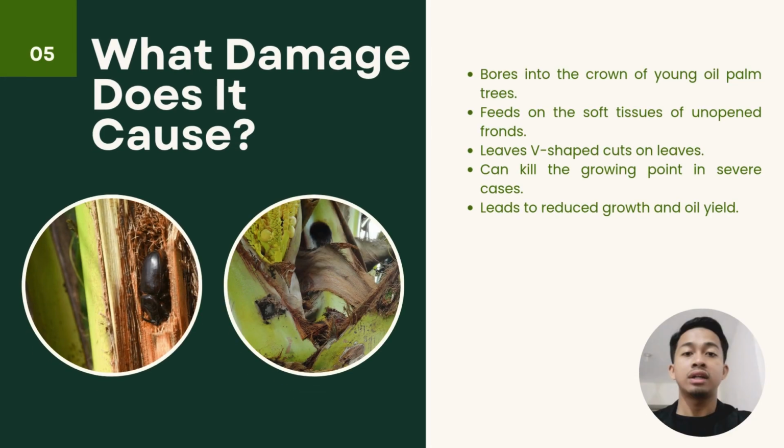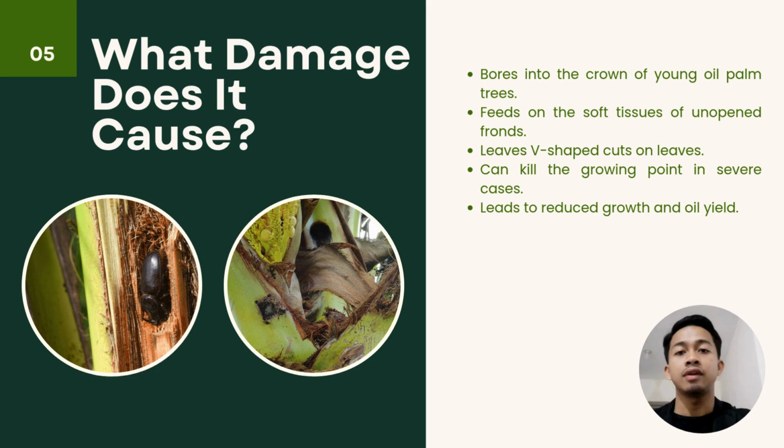Next, what damage does it cause? The adult rhinoceros beetle causes direct damage to young palm trees by boring into the crown or growing point of the plant. It feeds on soft, internal tissues of unopened fronds, which are crucial for the palm's vertical growth. A key visual symptom is the appearance of V-shaped cuts or holes on newly emerged leaves.